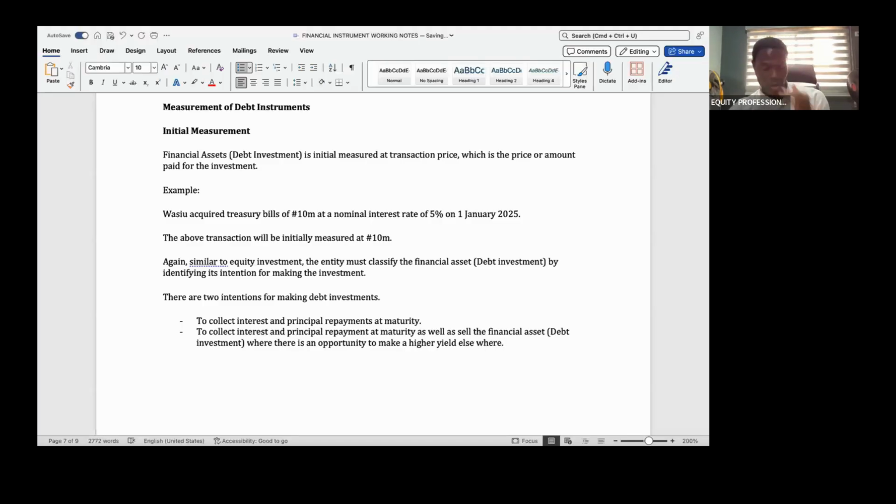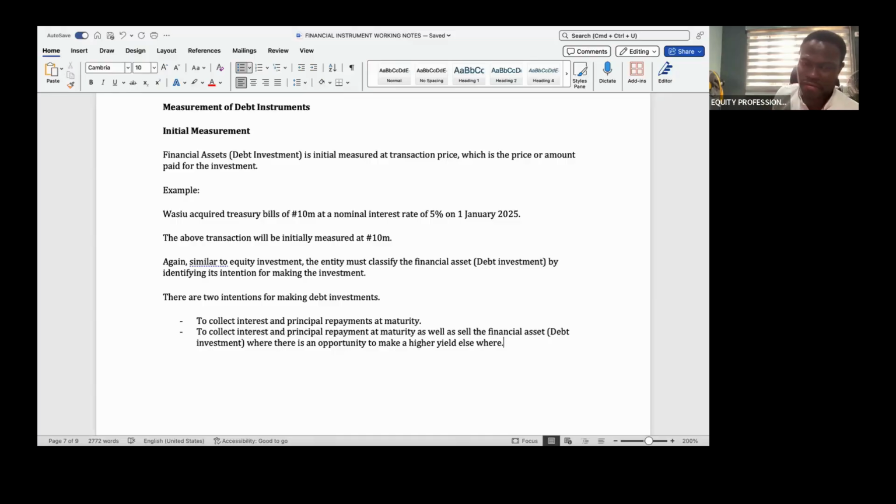You know, some people can invest in T-bills or in any debt instrument for that matter, and they know that they are speculators, that they are just looking for where they want to make benefits.